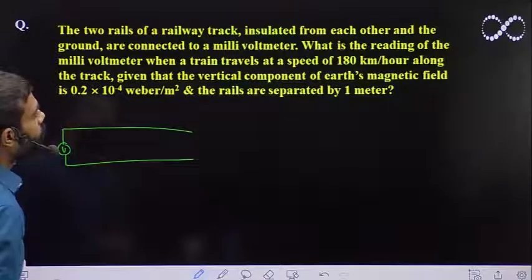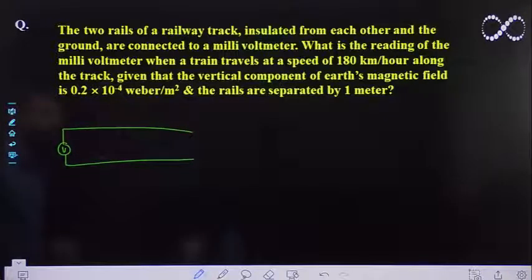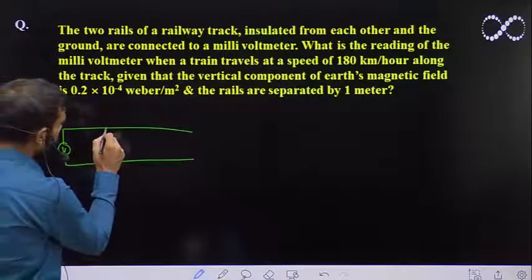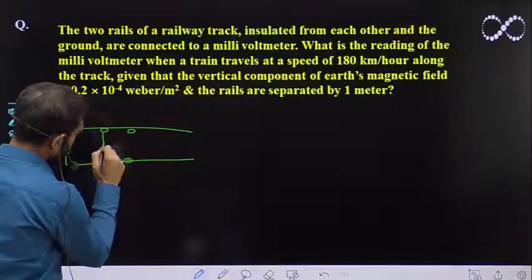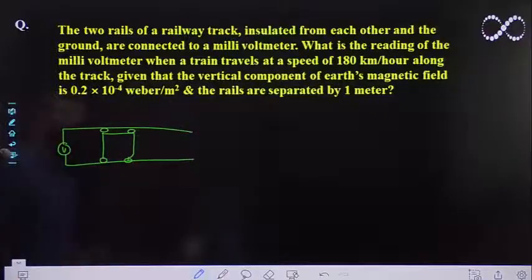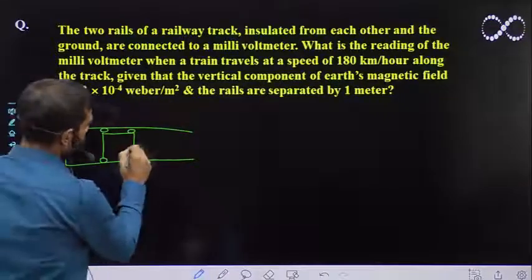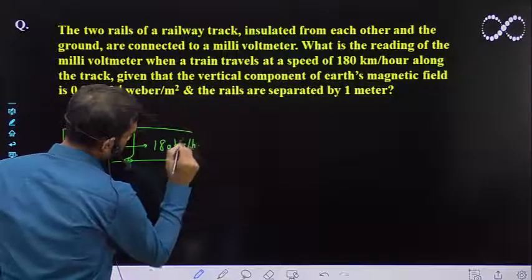Okay, and what is the reading of this millivoltmeter when a train travels at a speed of this? So one train is moving here, you can say like this. Let us say some train is moving along the track, and the speed is given, 180 kilometer per hour.